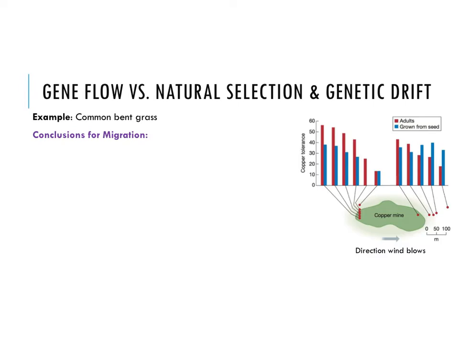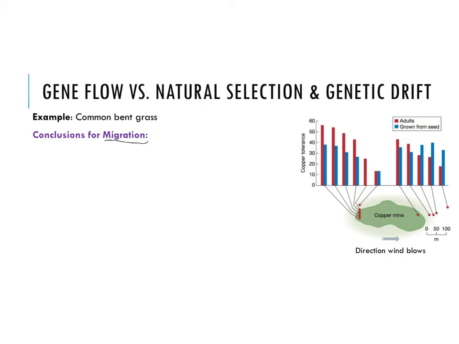So the next question to ask yourself is, why haven't these two populations completely diverged? Why is there still high tolerance for copper in the field, and we're still seeing a lot of seeds with low tolerance for copper on the mine? And of course, you know the answer to that. It's because of migration.